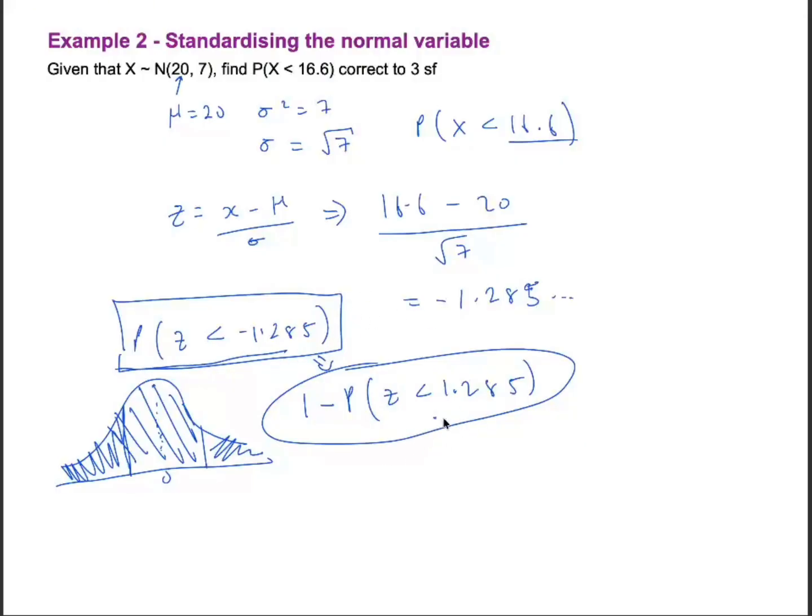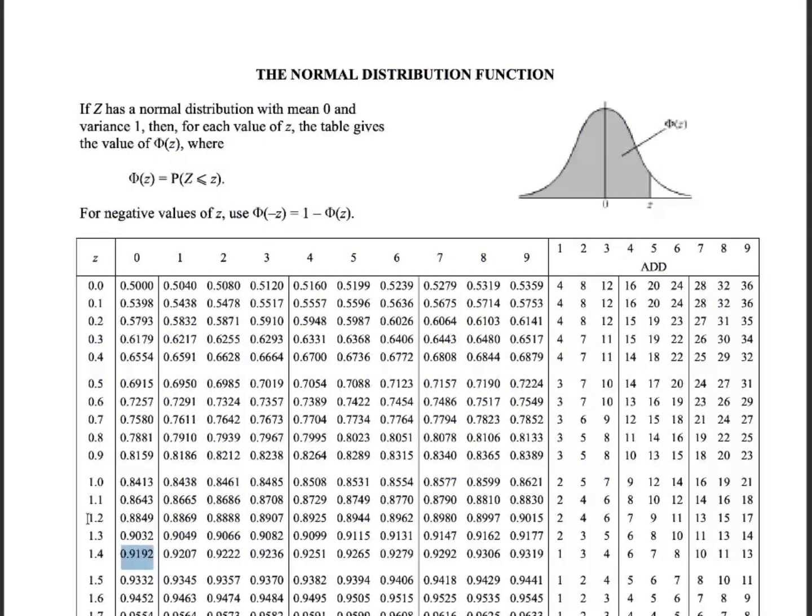So we need to find what this is. Probability of z less than 1.285. So we go to 1.2 on our table, then 1.28 on our table, 0.8997. Then we're going to add 5 to it.